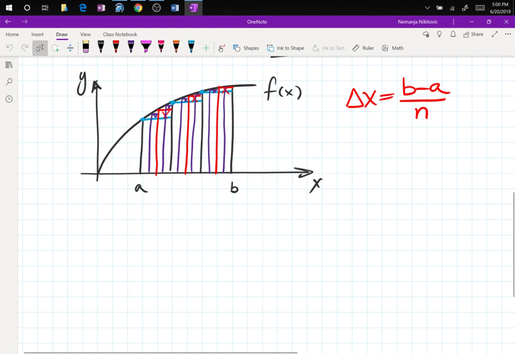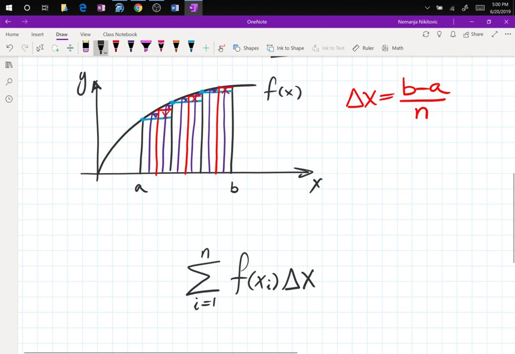So now the idea of what I just told you is this. You calculate the area of any single rectangle, right? And then you add all of the rectangles you have.